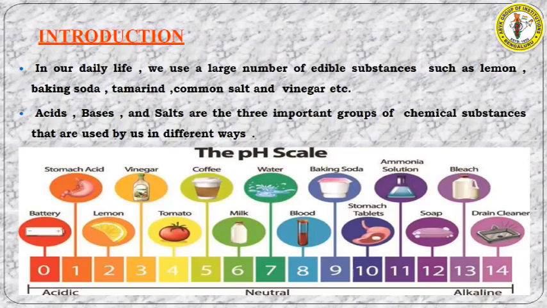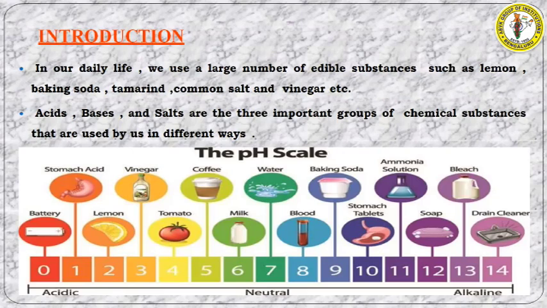These are some of the substances that contain acids or bases, like soap, baking soda, salt. These contain some chemicals, so we need to find what that chemical is. It may be an acid, it may be a base, it may be a salt.